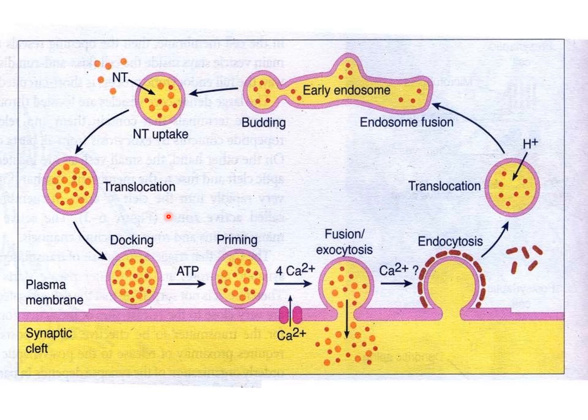Like this, the docking, fusion and release of ACH from the vesicle occurs. Neurotransmitter uptake, translocation, docking is attaching, priming and fusion or exocytosis, and then again endocytosis, translocation, endosome fusion, and this goes on continuously as a cycle.